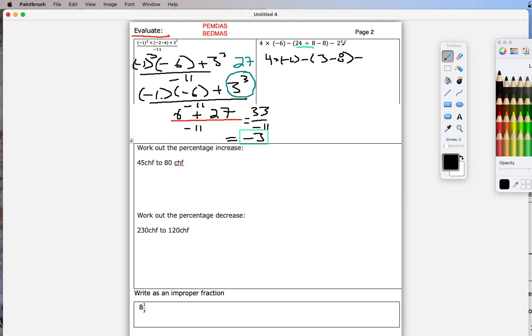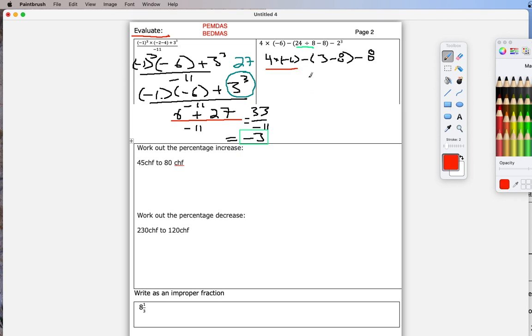Now, this 2 cubed is not going to be affected by any of the orders here, so I can do this right away. So 2 cubed is 2 times 2 times 2, which is 8. I'm allowed to do these at the same time because 2 cubed is not affected by multiplication or division.